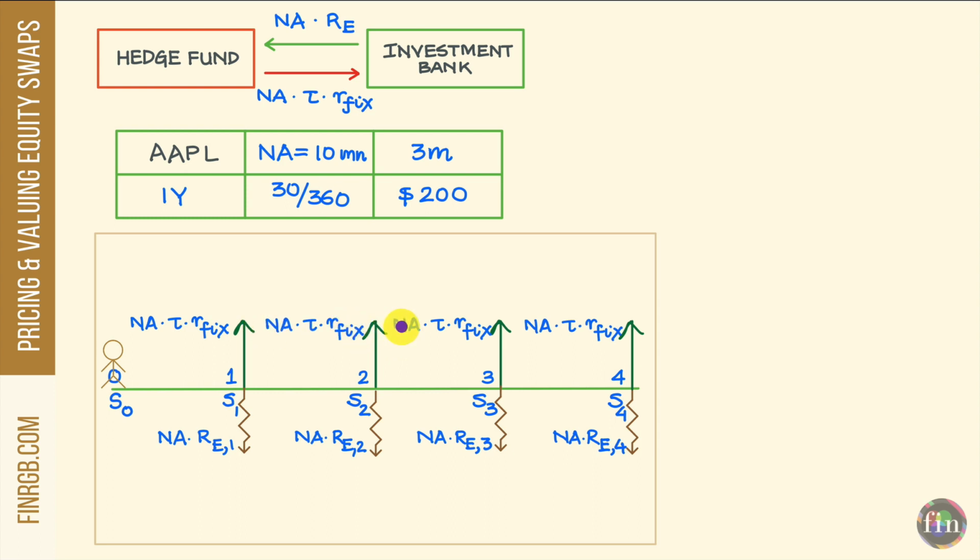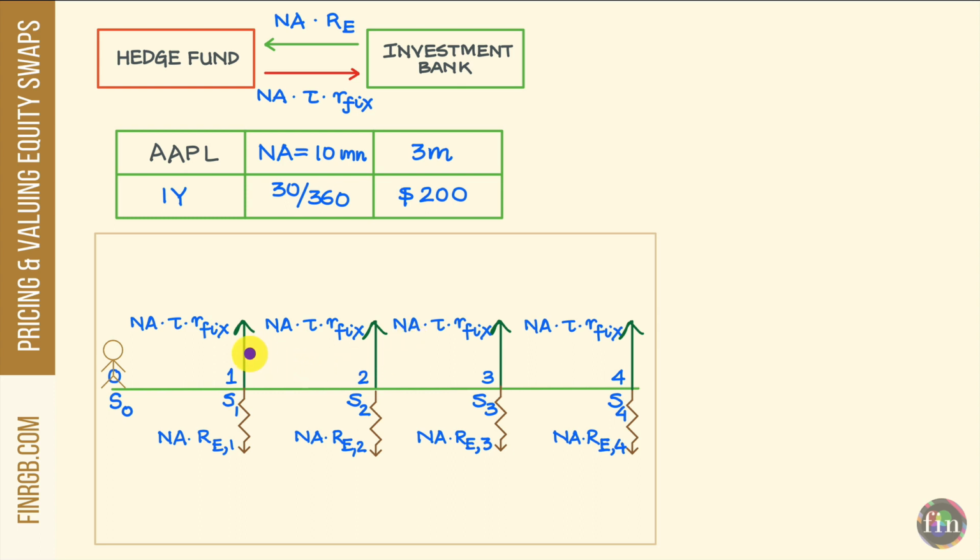These are fixed cash flows, and therefore accommodating these cash flows into the value of this equity swap as of this point in time is actually quite straightforward. All we have to do is calculate the aggregate discounted value of these 4 cash flows using the current term structure of interest rates.